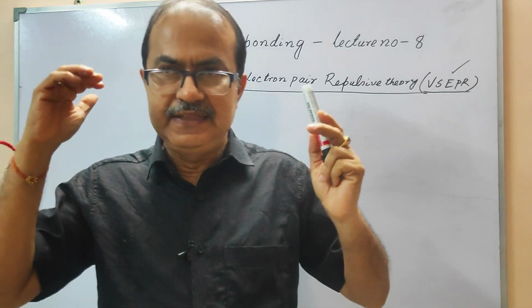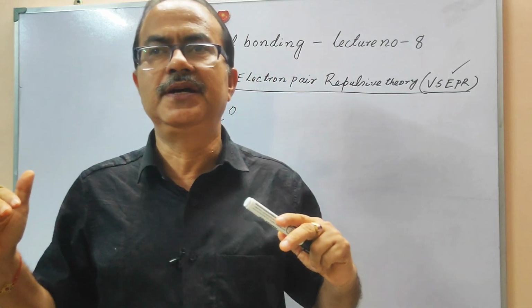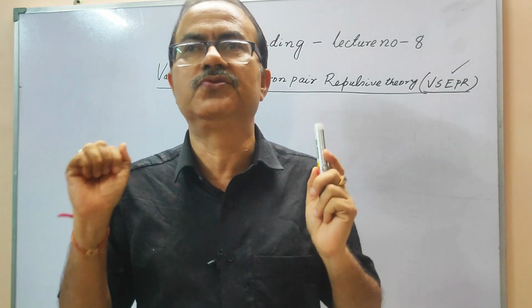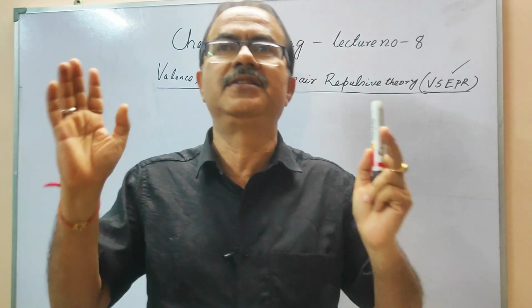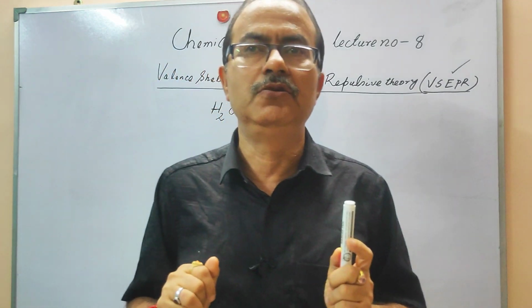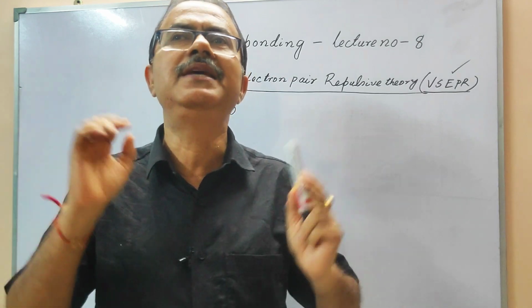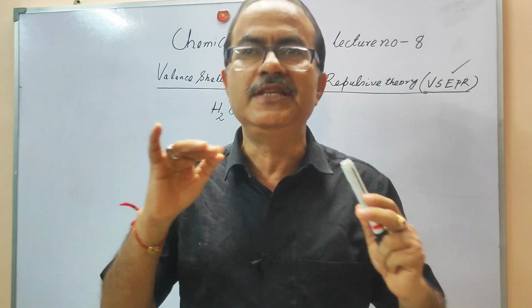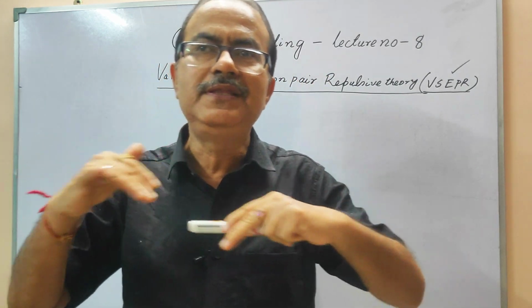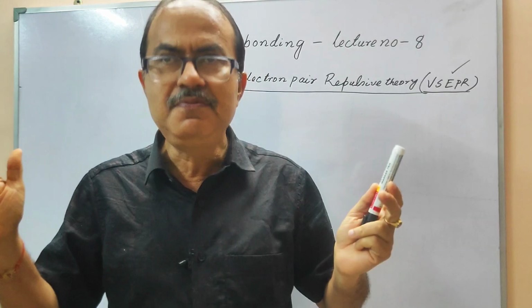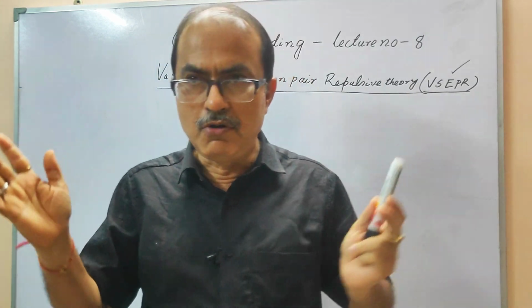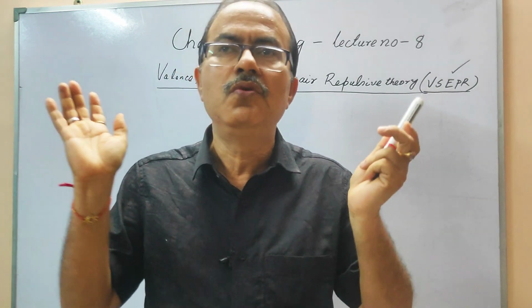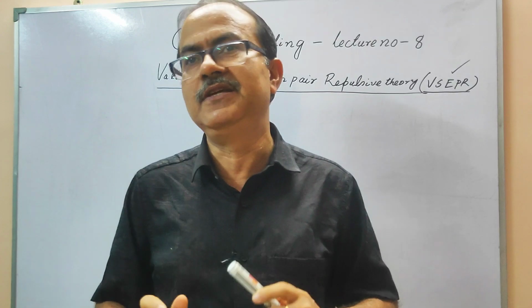So this alignment of the electron pairs gives a geometry to the molecules, and that is the basic idea behind the valence shell electron pair repulsion theory. The valence shell electron pairs repel each other and align themselves, and with this alignment they achieve a definite geometry among the bonds, and the bond angle is such as to minimize the repulsive force between them.